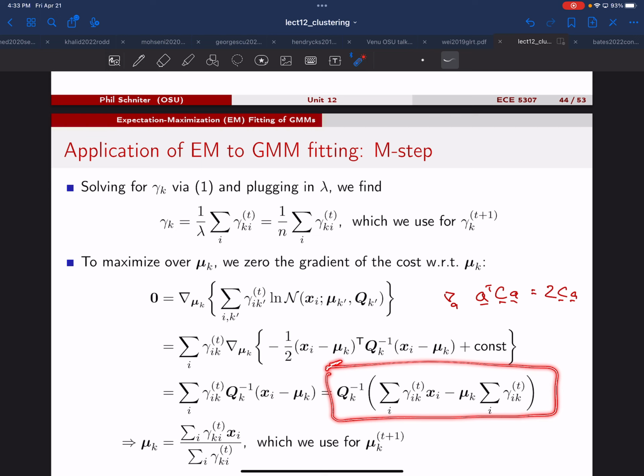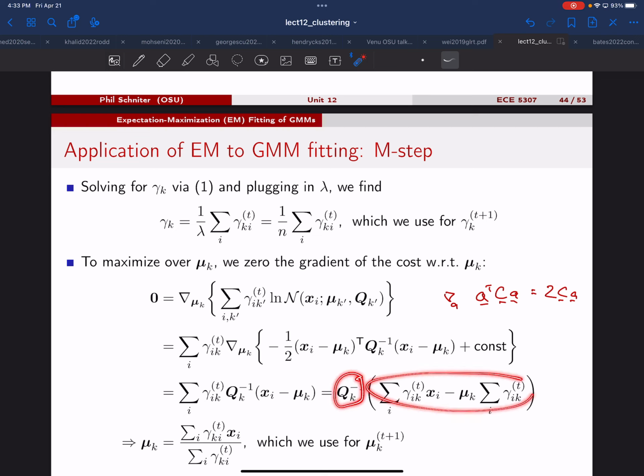As long as the inverse exists, that means this matrix is full rank, meaning there's no way I can multiply it by a non-zero vector to make it 0. So the only way to make this times something 0 is to make the vector itself 0. If this equals 0, then that means this equals 0.